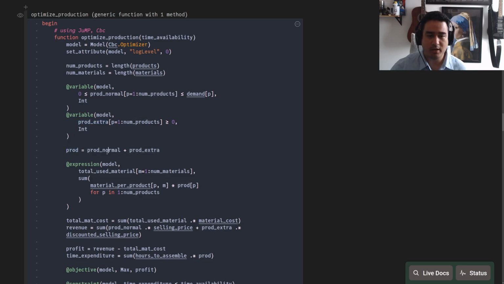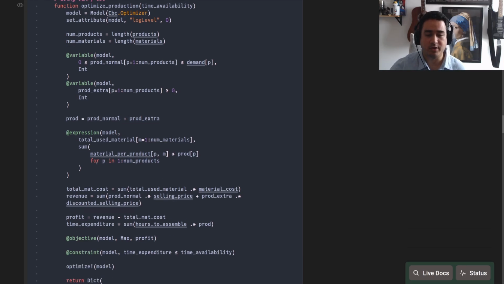The prod is prod normal plus prod extra, so these are vectors, I can just sum them, and because I'm doing this, a lot of the rest of the things going on here are gonna be the same as the last code. The total used materials, for instance, I have changed here to be M equals 1 to known materials, and the sum is going for P equals 1 to known products, but I'm just multiplying by prod, nothing else has changed.